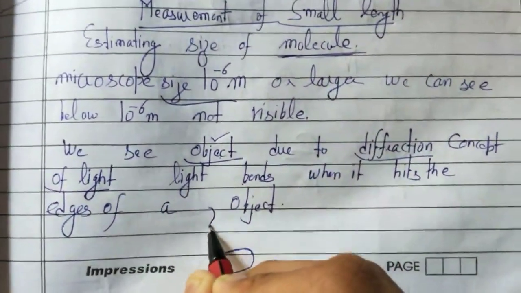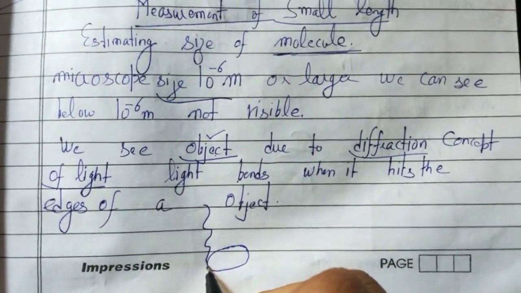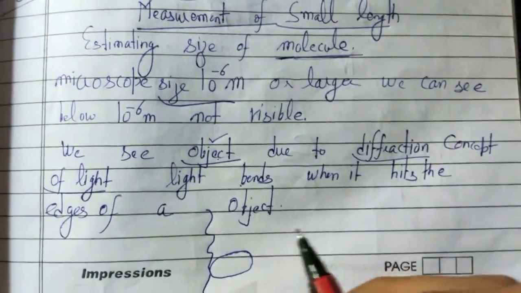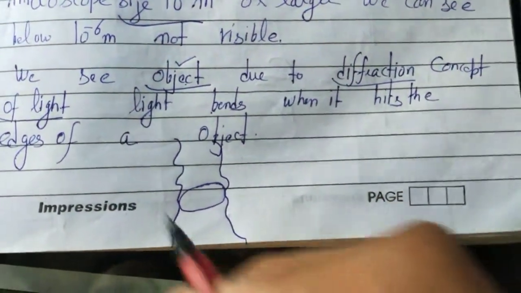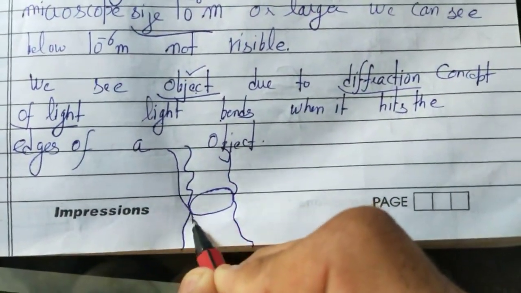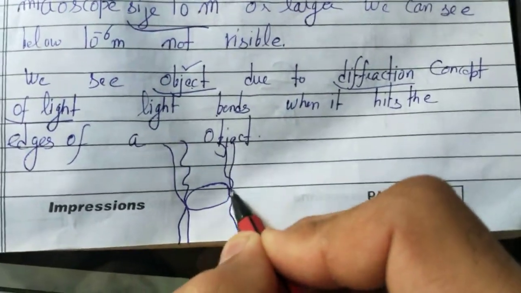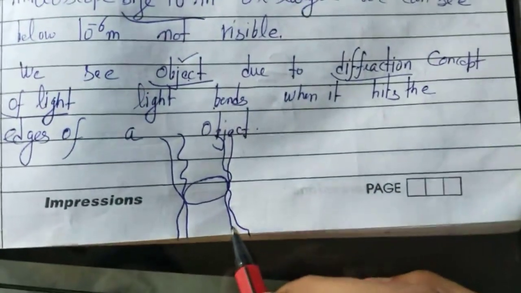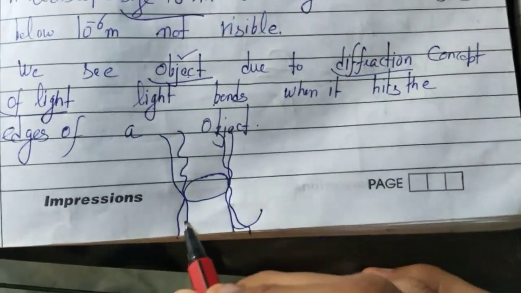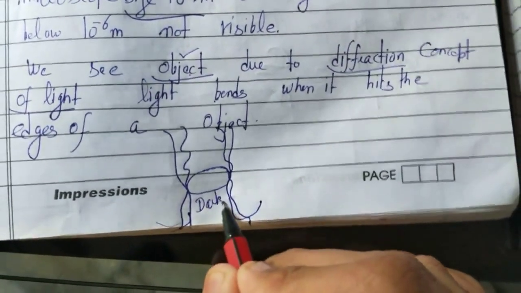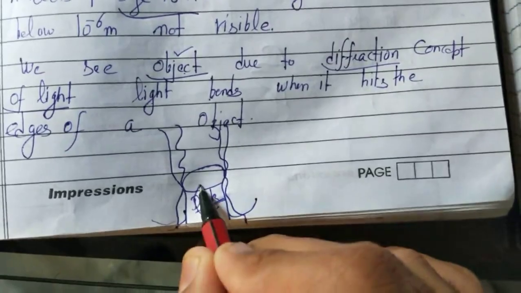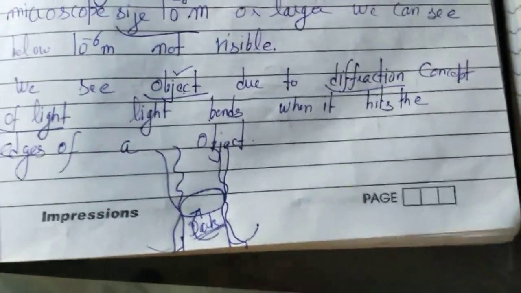Suppose you have placed some object under a microscope. The light has a wave nature. It will bend from the corners of the object like this, like this. Here a light area will get created, here also a light area will get created, but here a dark area will get created, which shows the presence of that object under the microscope.